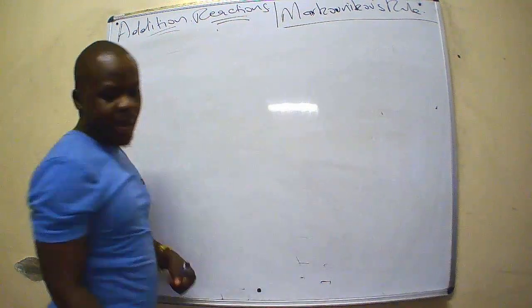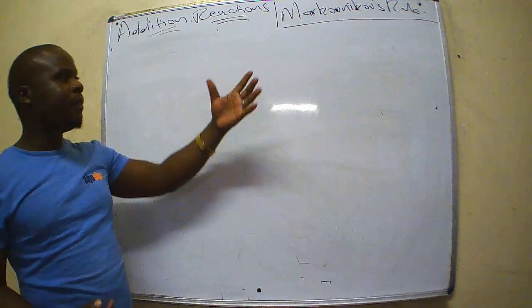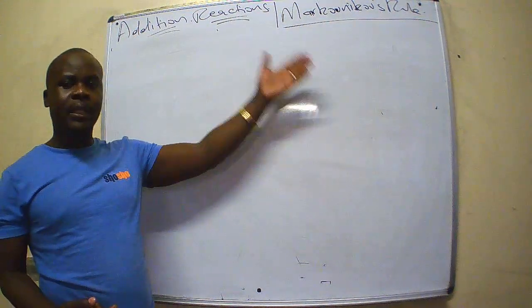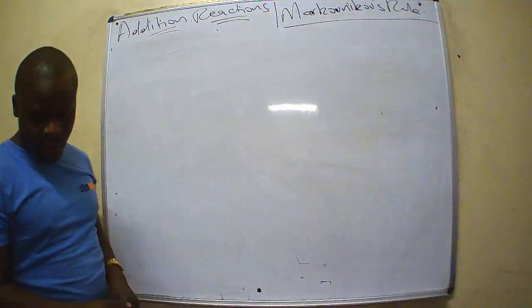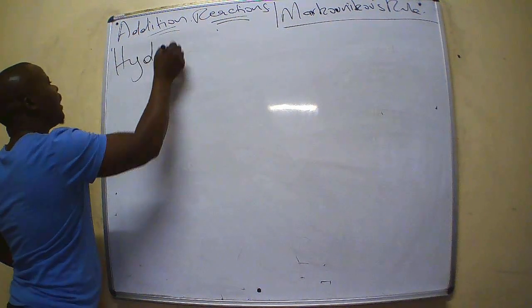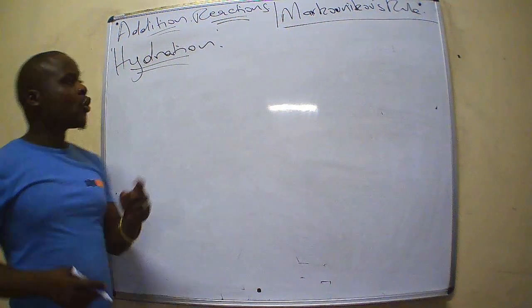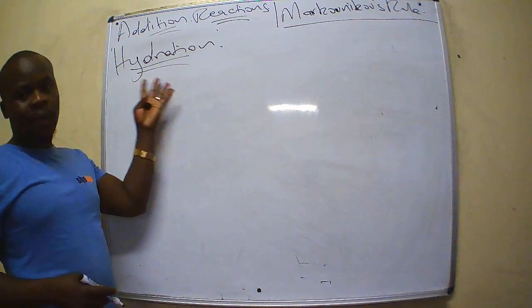So hydration also follows the same concept of Markovnikov, because it makes two products, a major product and a secondary product. So hydration under addition reaction. What is this hydration all about?